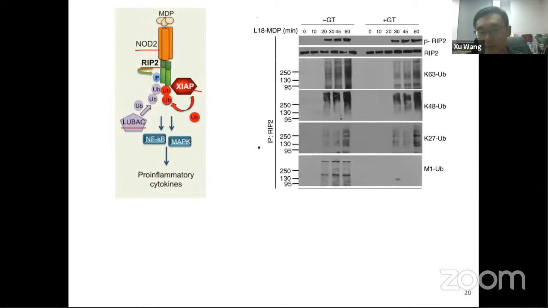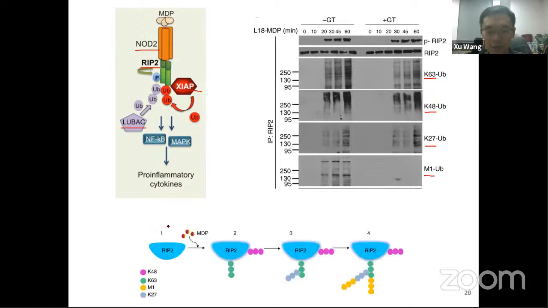And from this Western blot result, we can see that RIP2 can be ubiquitinated with K63, K48, K27, and M1 ubiquitination. Different types of ubiquitination can be detected by specific antibodies. So this is a schematic diagram of RIP2 polyubiquitination.